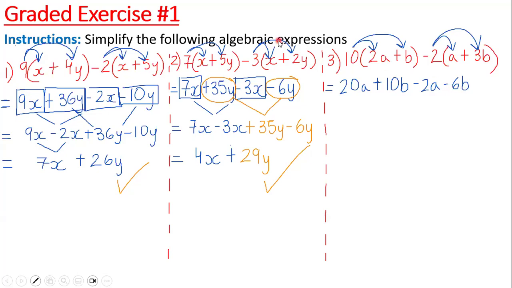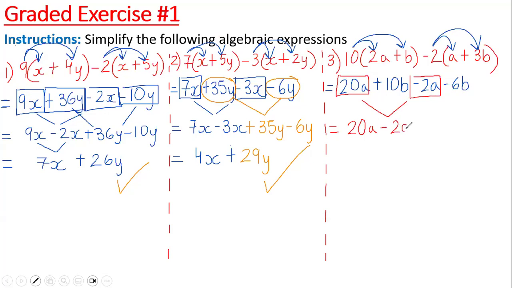Good. Now let's group them. So we have 20a and negative 2a. It's going to be equal to 20a minus what?